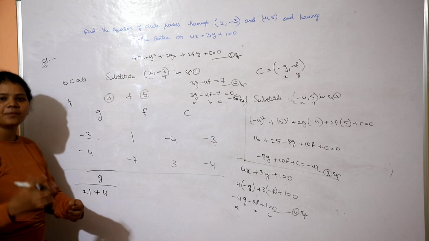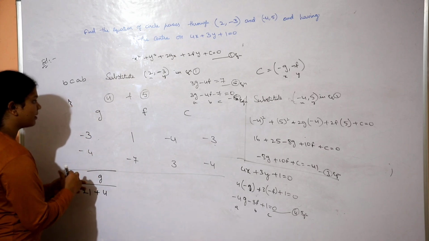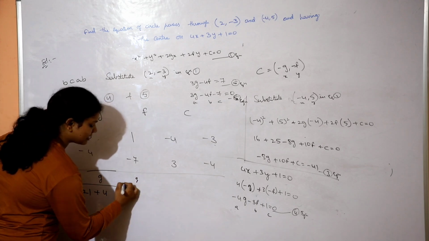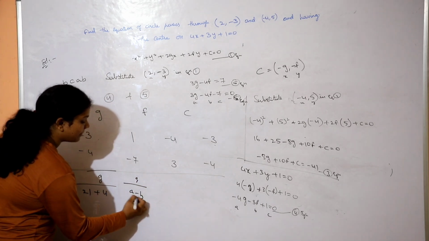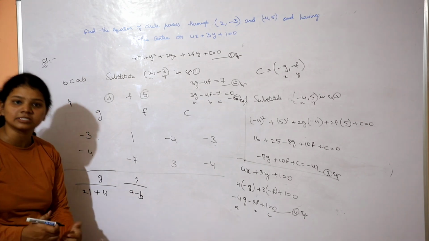Guys, you might get a doubt, like why I wrote a plus 4 over here. Because just remember, the process goes like g by a minus b. The minus already exists over here.